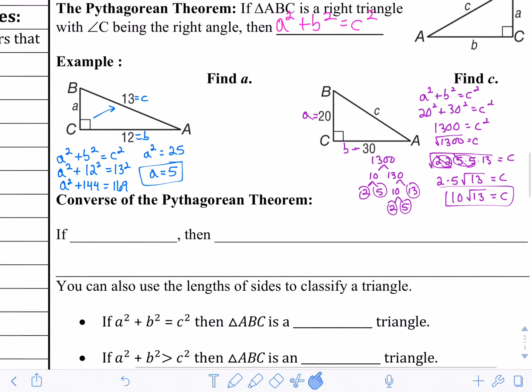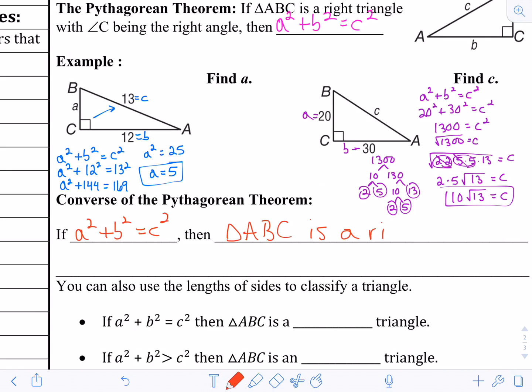Alright, so now we're going to do the converse. So remember, converse is whenever you flip a statement, so your if-then statement. So before it was, if you had a right angle, then you did A squared plus B squared equals C squared for your right triangle. Now we're going to flip-flop it. So if A squared plus B squared equals C squared, then what we know is that triangle ABC is a right triangle.